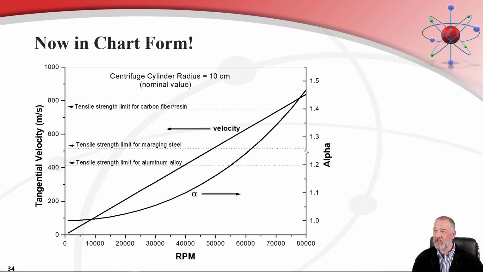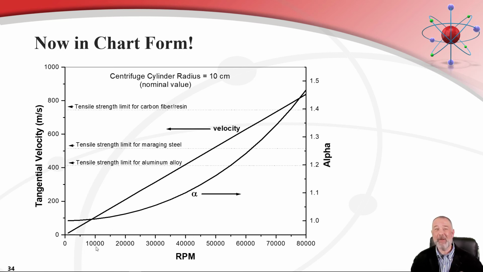Okay, so we have two different axes here on the Y, our tangential velocity and our alpha, while we have our RPM here in the middle. Now, tangential velocity is directly related to our RPM, so that's this straight line right here. Our alpha, however, because it's an exponential term, is going to be this curved piece here.